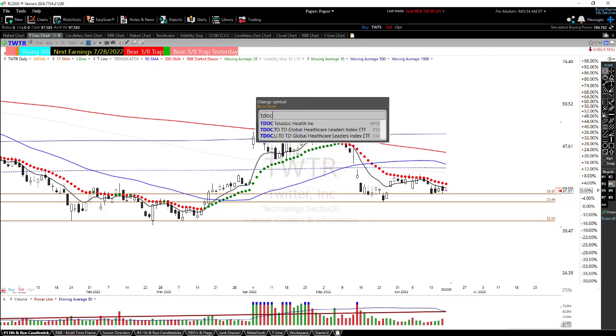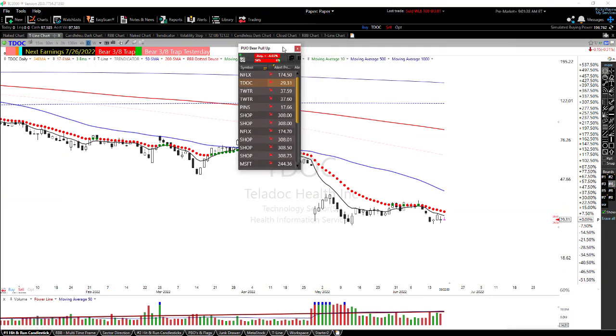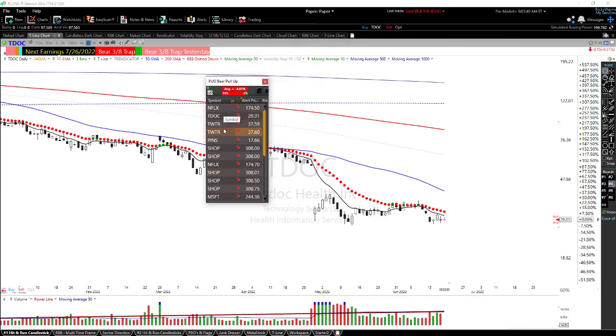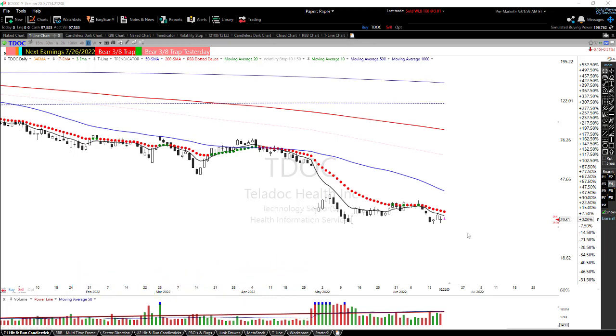TDOC, I don't have any of these picked out. I'm actually just pulling these off of a live alert I have pre-market. This is a bear setup, pull up opportunity. What it's looking for are charts that are in a downtrend, pull up a little bit, and then just simply come down.